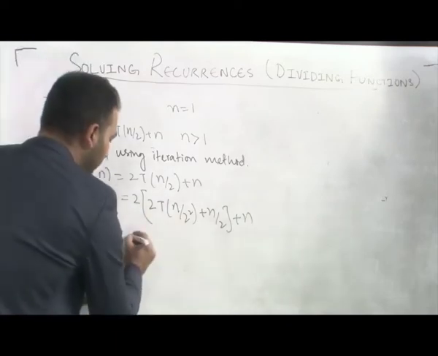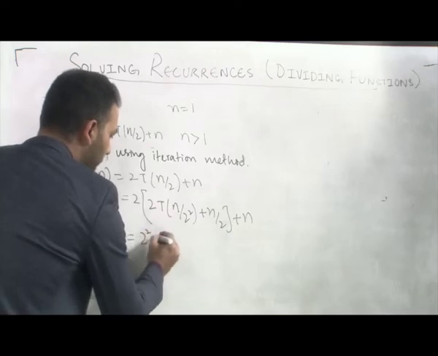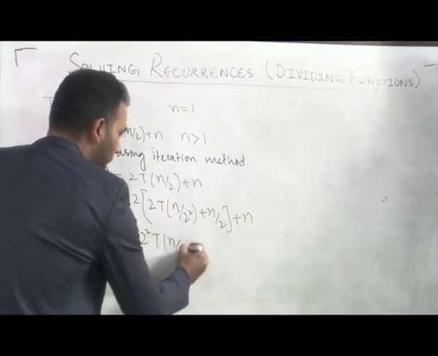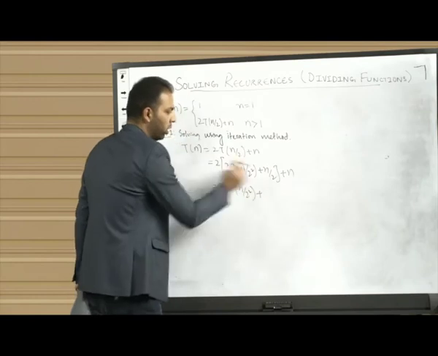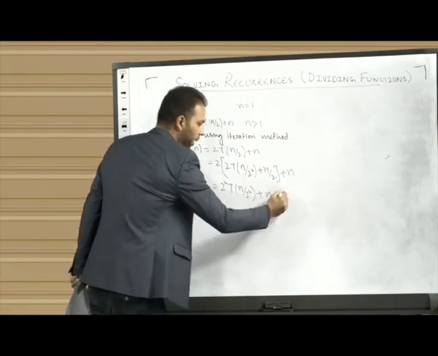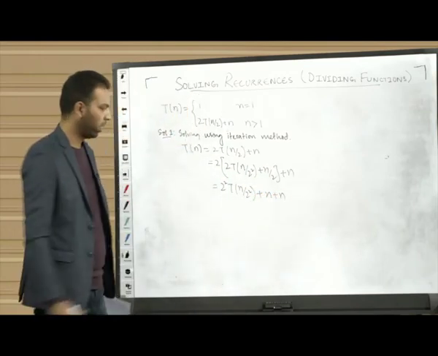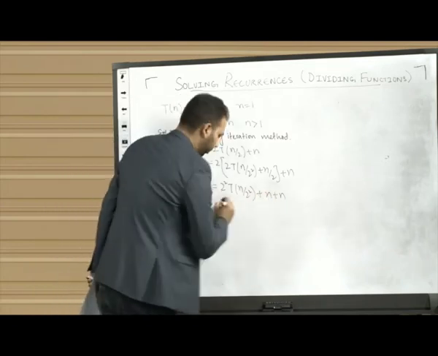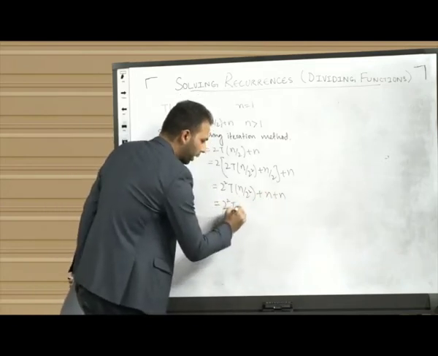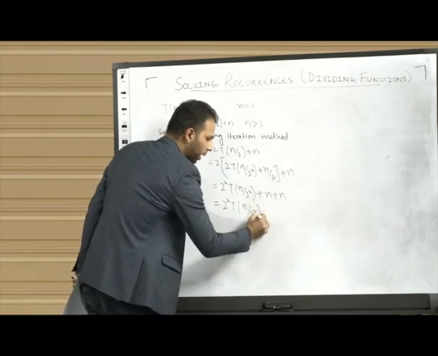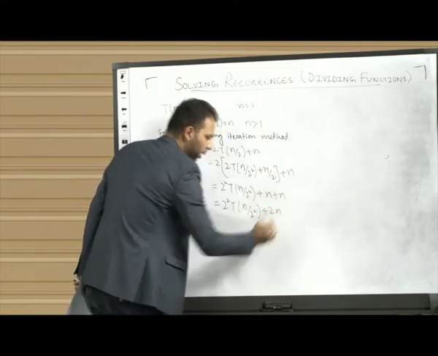So I'll be multiplying it, it will be 2 square t of n by 2 square plus, so this 2 and 2 will get cancelled, n plus n. Fine. So it will be equal to 2 square t of n by 2 square plus 2n.